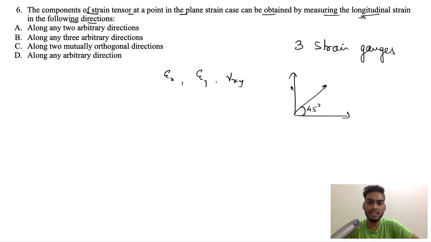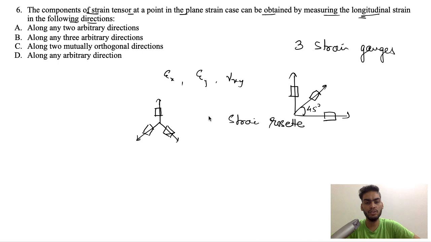We call this a strain rosette. In this arrangement we organize these 3 strain gauges at 45-degree angles. That is the 45-degree strain rosette, and then there is one more in which we align them at 120-degree angles. That is another famous one. These can be used for finding the strain tensor at a given point on a body.